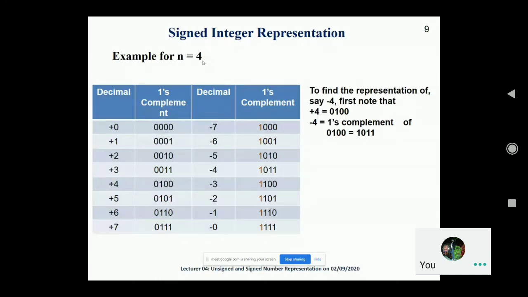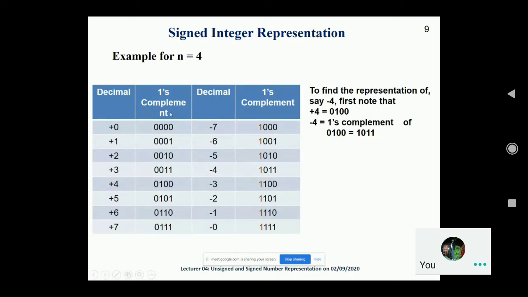Till 7. So what happened when we are applying the 8? We cannot represent it because we are going beyond 4 bits. Okay, sir, understood. It is a fixed range. Otherwise we are violating our rules.